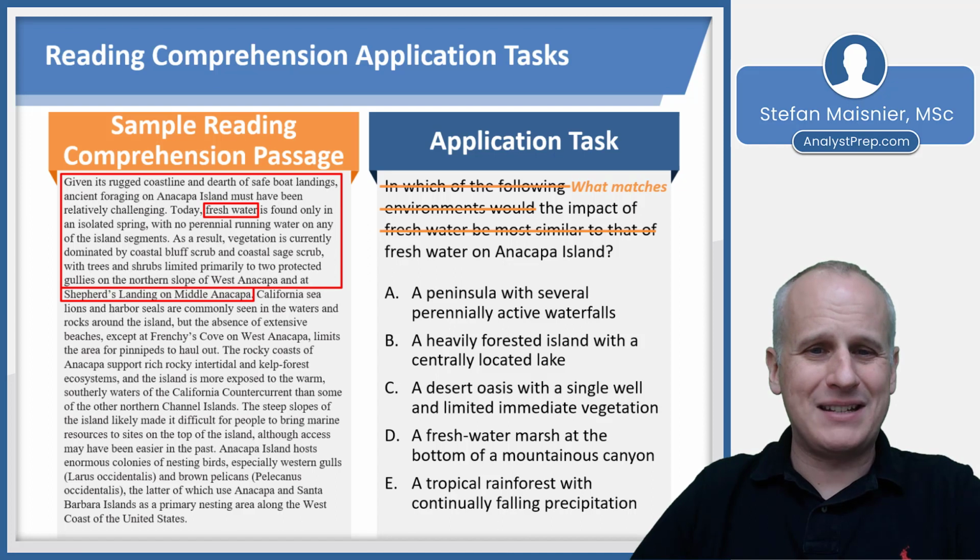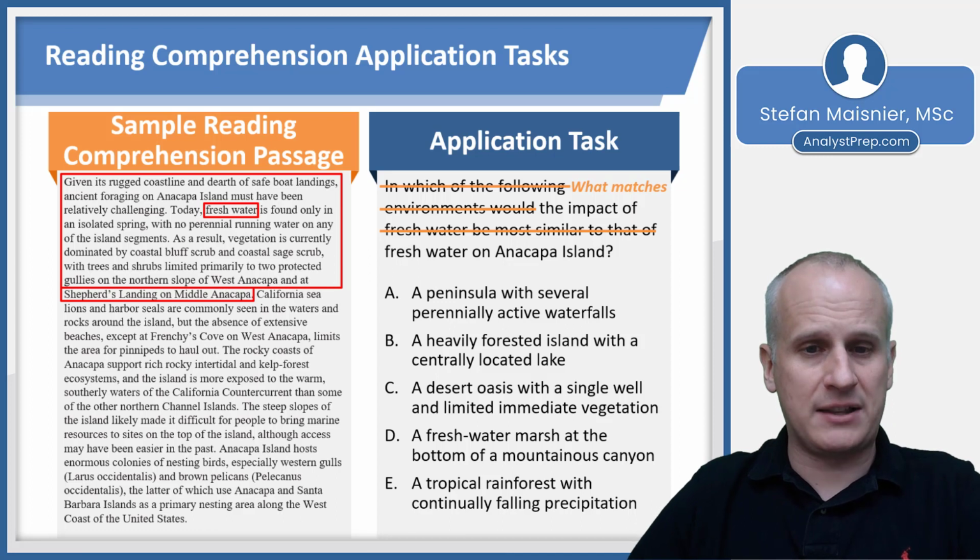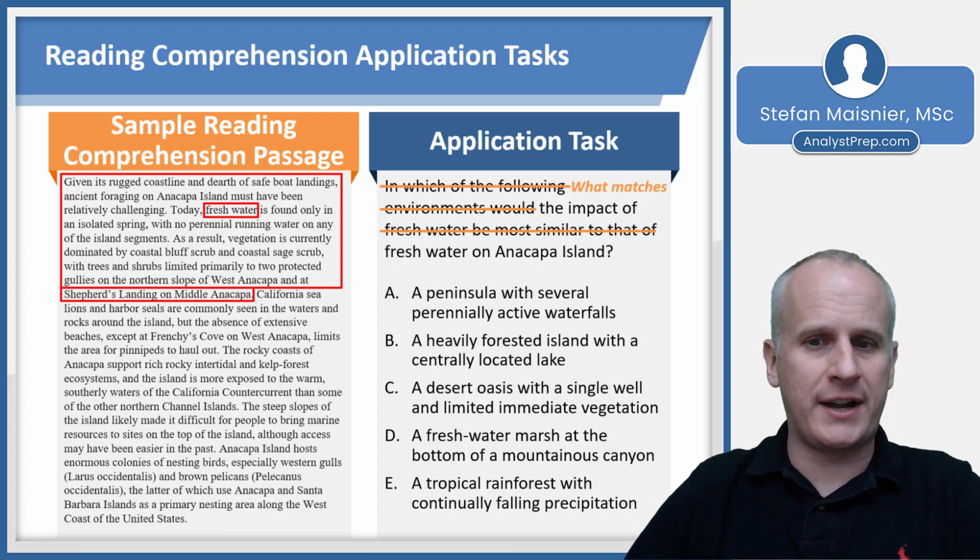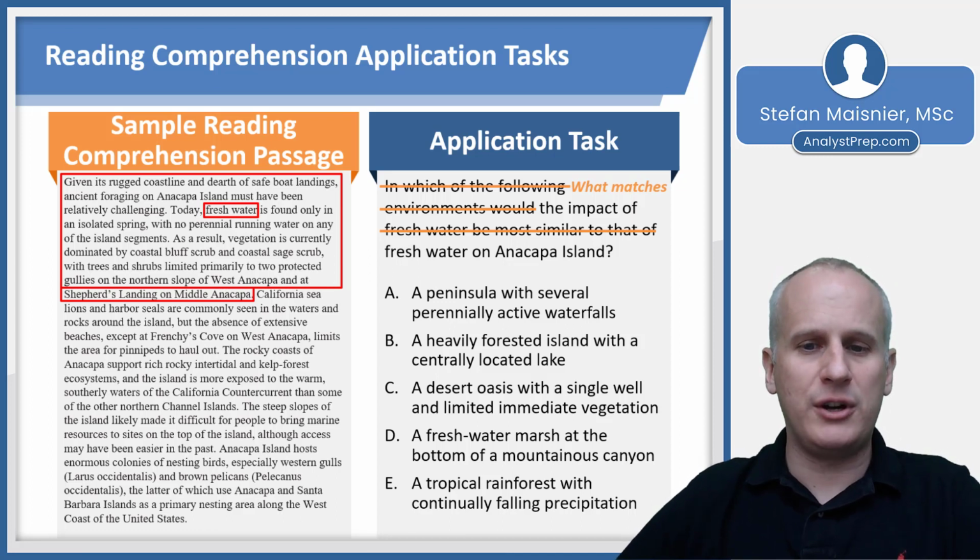So basically, we just need to find something that matches this information saying that there's no perennial running water, and we've got limited vegetation based on that, because that's the fresh water circumstance on Anacapa Island. If we look at our first answer choice, we've got a peninsula with several perennially active waterfalls.